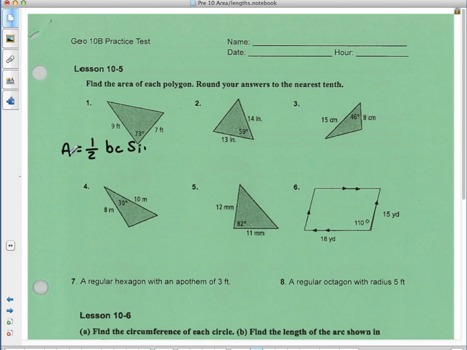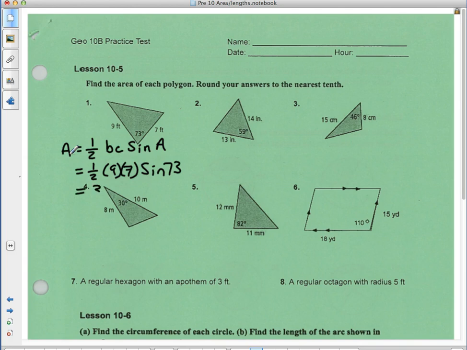BC sine of A. Okay, this is the side angle side area formula for a triangle. So I have 1/2 times 9 times 7 times sine of 73. That value, after I pop that in my calculator, is going to be 30.1 feet squared.